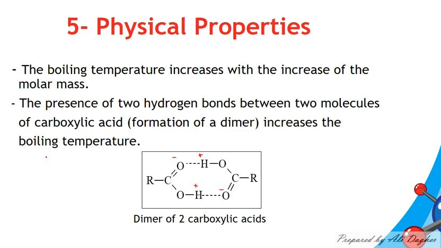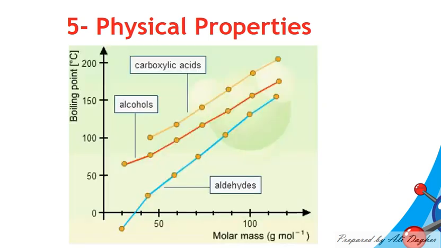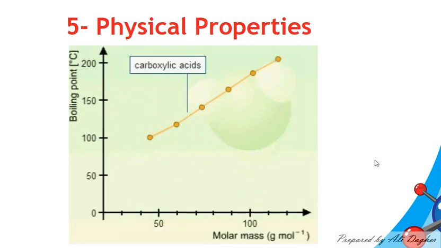Dimerization of carboxylic acid increases its boiling point because we need extra energy to break the strong hydrogen bonds in the case of carboxylic acid, which increases the boiling point compared to other organic compounds having the same molar mass, as we will see in the following video showing the variation of boiling points of carboxylic acids.